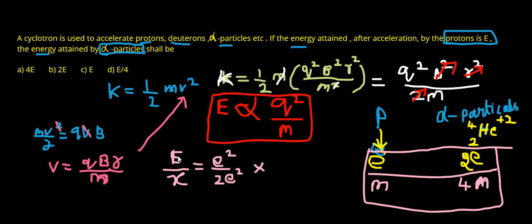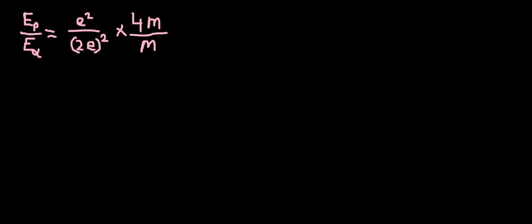So the energy acquired by the proton over the alpha particles, and now the alpha particle mass should become the numerator since it is inversely proportional. So the mass of alpha particle is 4m by the mass of proton m. By solving this we can find the answer.